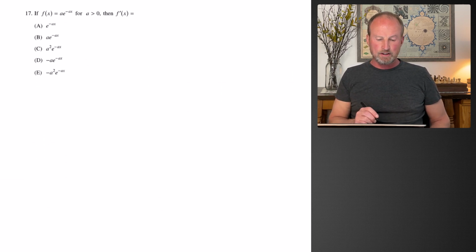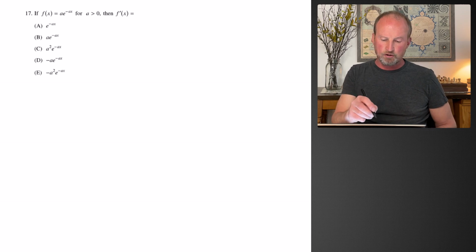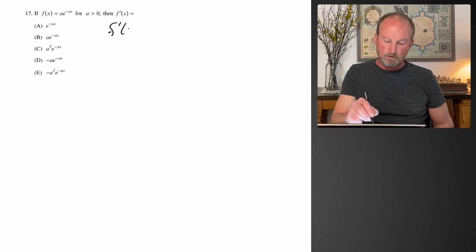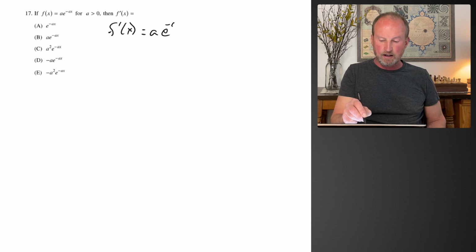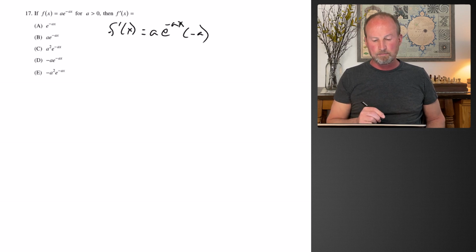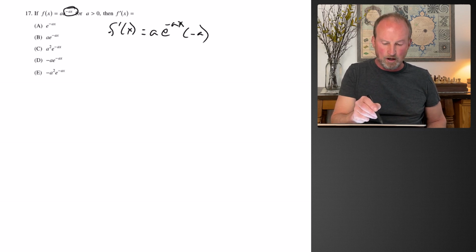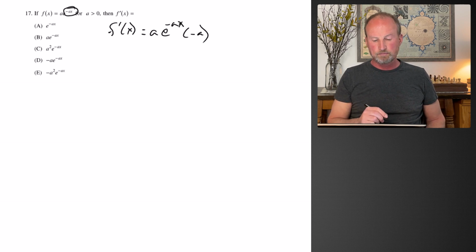Question 17. f of x equals that function. What is f prime of x? We just have a basic e to the negative ax. The derivative of e to the negative ax is e to the negative ax times the derivative of the inside function, my exponent, which is negative a.